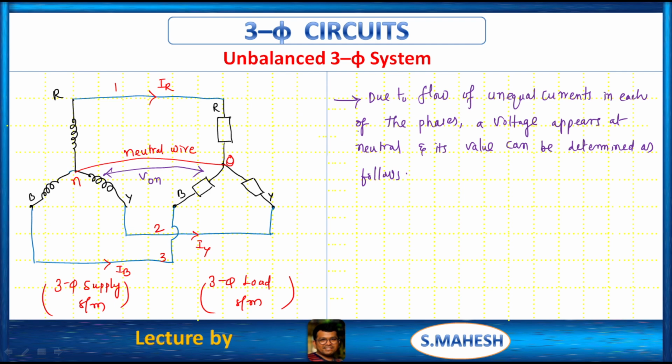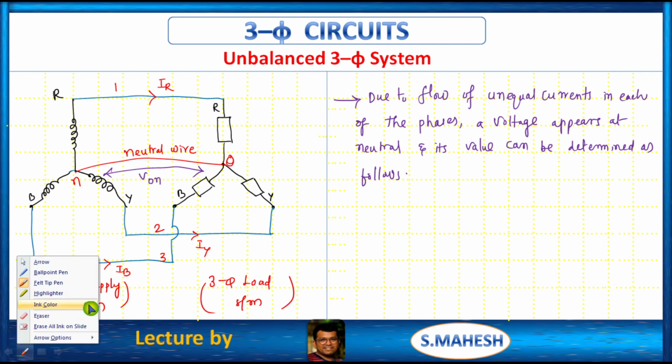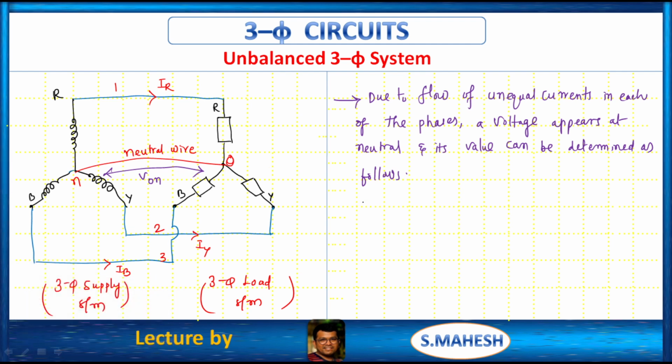Okay, let us consider the currents in each line being IR, IY and IB, right?